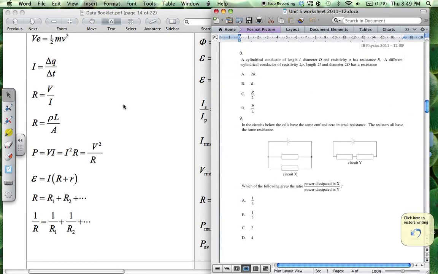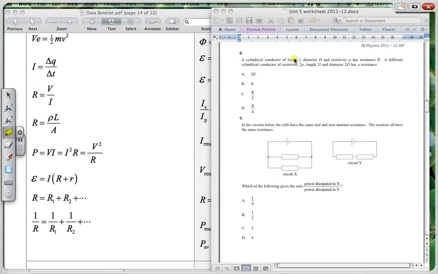Question 8. It says a cylindrical conductor, length L and diameter D and resistivity ρ, has a resistance R. A different cylindrical conductor of resistivity 2ρ, length 2L and diameter 2D has a resistance of what?